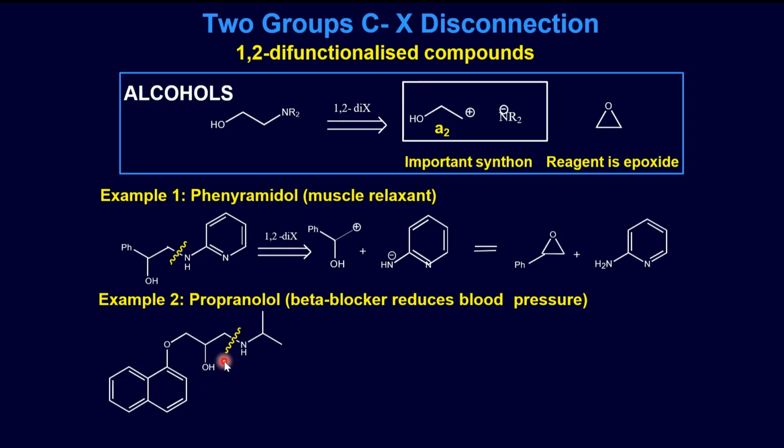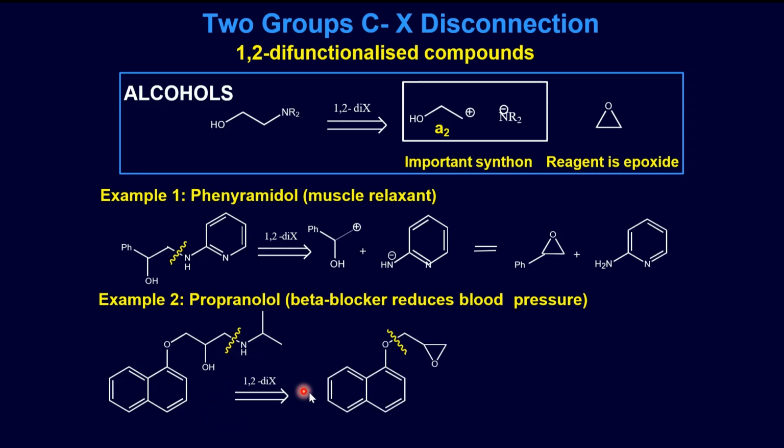I'll break over here. When I break over here, this part will be isopropylamine and this part will be an acceptor synthon. It is O minus, this carbon plus and excess electrons on the oxygen. It shares with this plus and I get the corresponding epoxide.